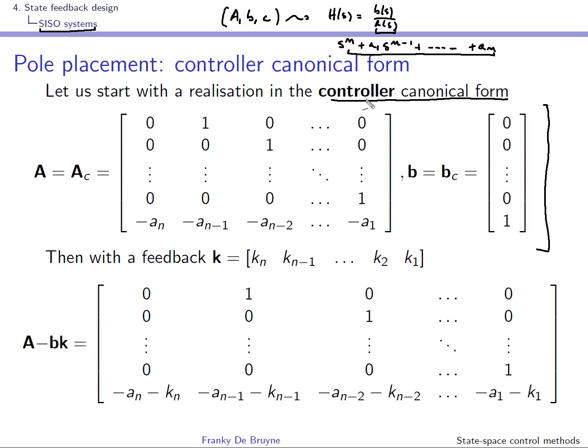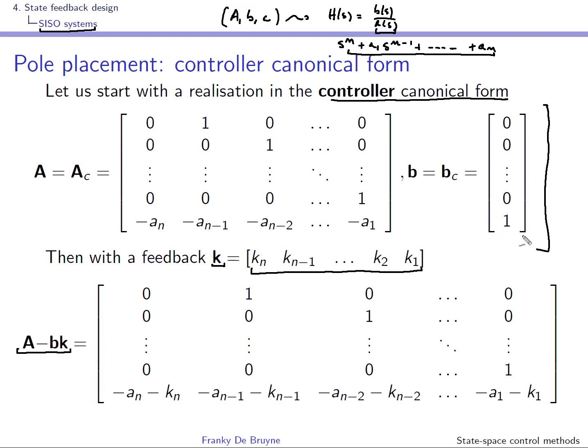So suppose now that we are given a feedback, and remember that for a single input, single output system the matrix K reduces to a row vector with n elements. Then if you use this feedback, in closed loop you'll have a state matrix A minus BK, right?